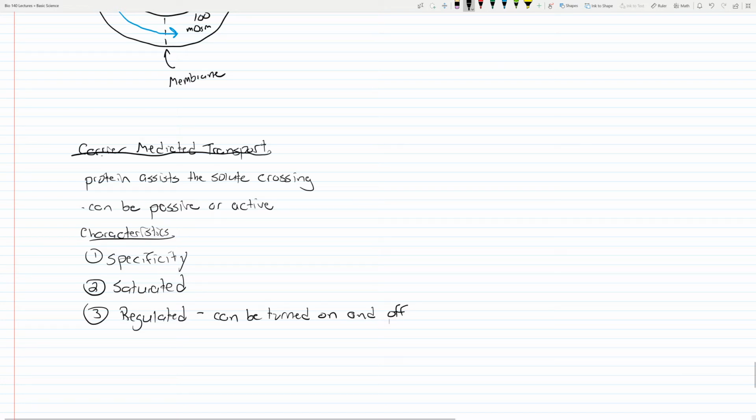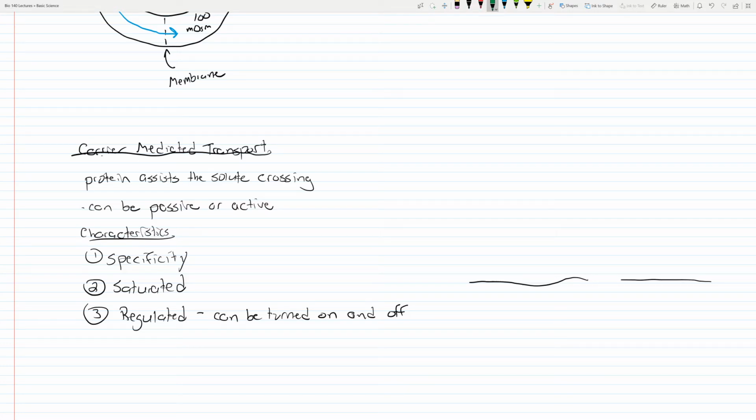So let's draw a little picture of carrier-mediated transport. We'll use glucose as an example because there are special glucose receptors and channels inside of the cell. I'm not going to double draw the cell membrane. We're just going to assume that you understand that it's a phospholipid bilayer with a bunch of stuff inside of it.